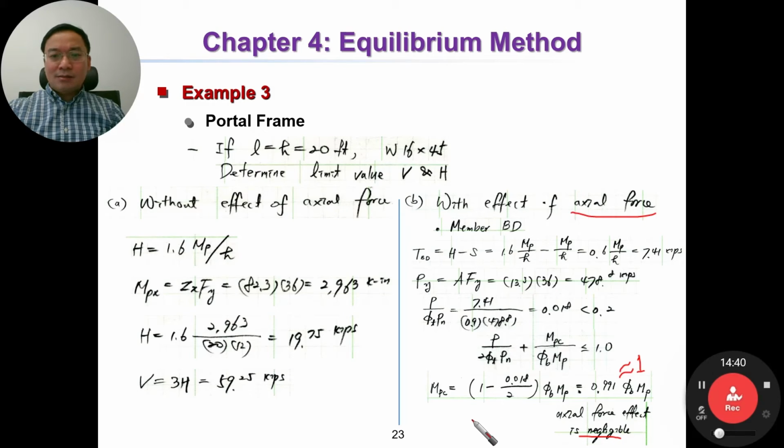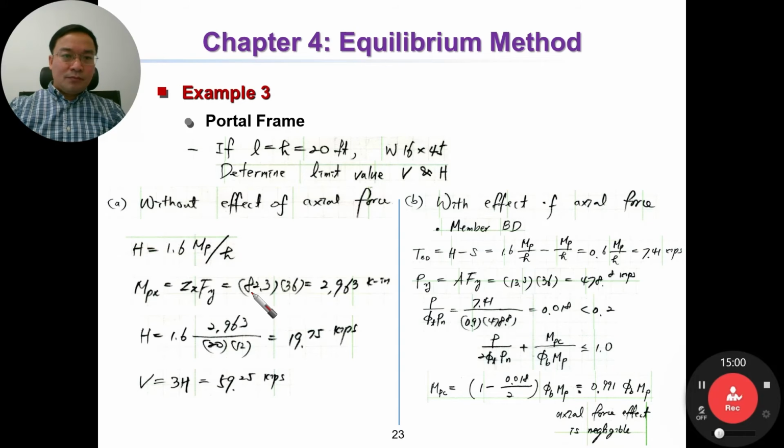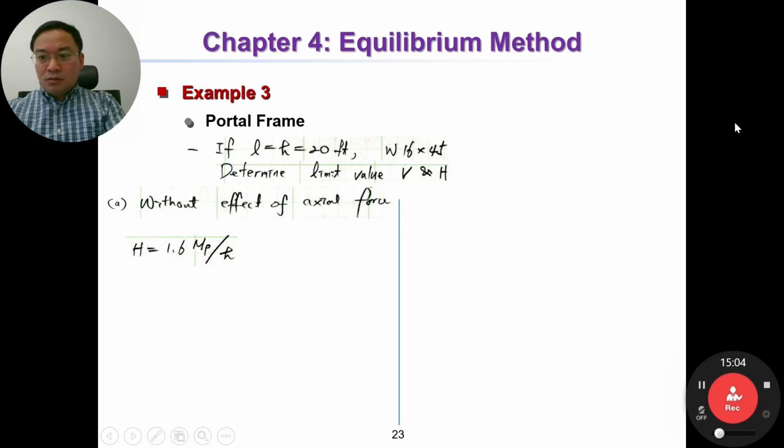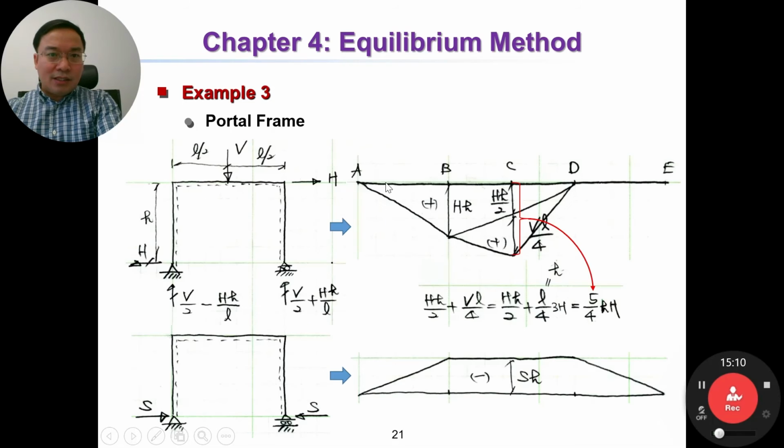Okay, so that is, the effect of shear force is small. Axial force is small. Consider the member DE. Okay, member DE. What is DE? Back one more.